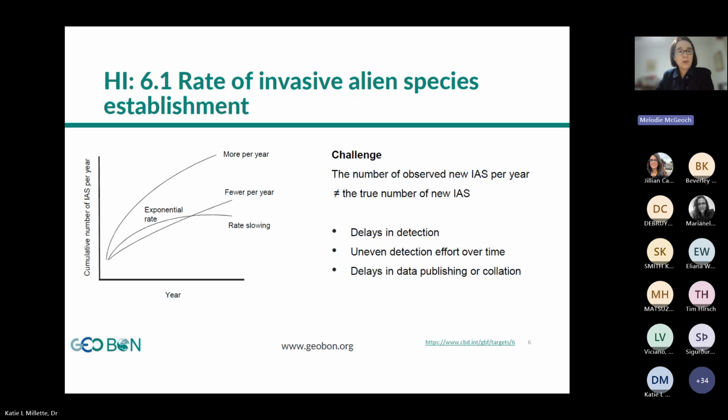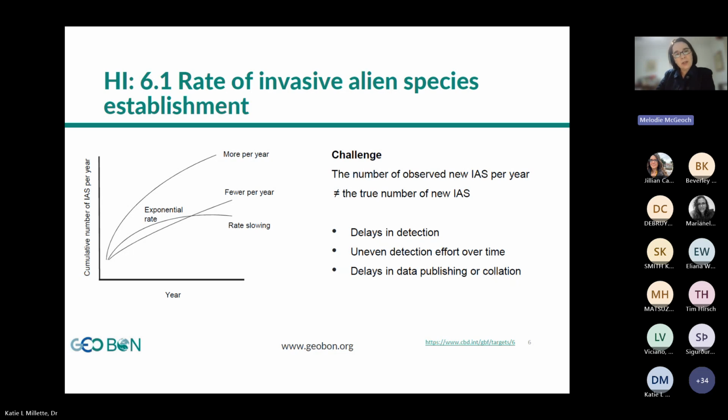Unless there's a substantial number of eradications, the curve is not going to flatten off or decline. So this is a very intuitive way of understanding whether the problem of invasive alien species is getting better or worse. So for example, this top curve over here suggests that more species are coming in to a particular country every year than either of the two lines at the bottom.